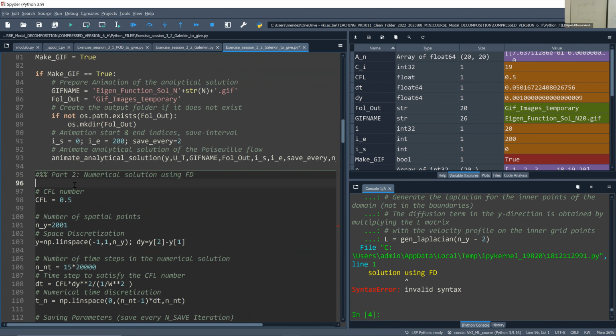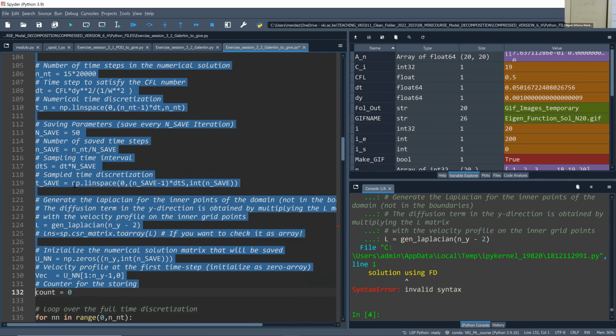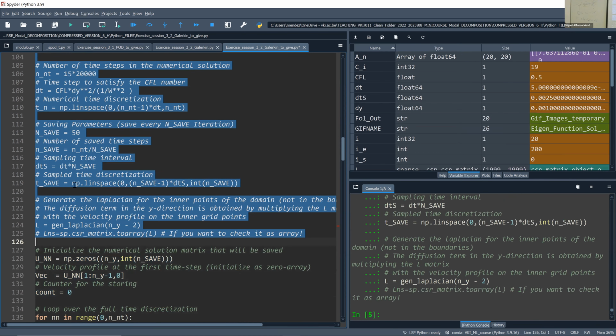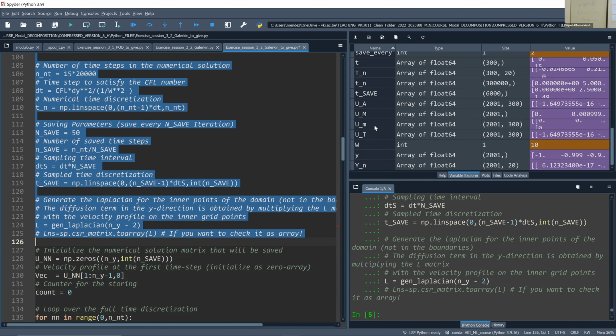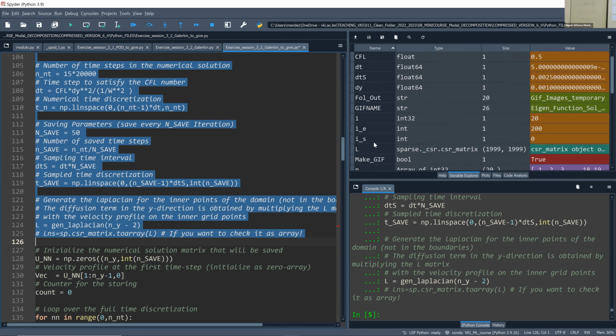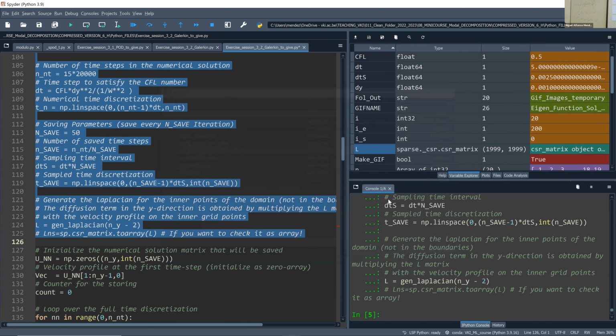Yeah, so from 98 until 124. If you are using Spyder, you can have a look then at the matrix L in your workspace. You see it has been declared as a sparse object. You can spy it.